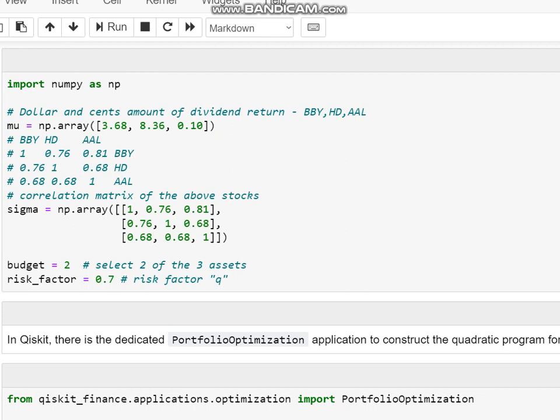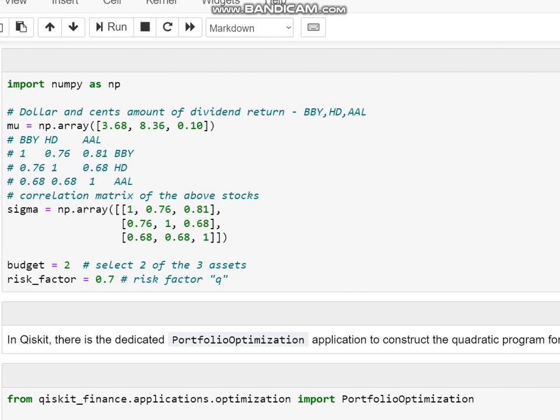So we put in the returns there: $3.68 for BBY, $8.36 dividend for Home Depot, and then we put in 10 cents for AAL, even though actually it says 0, but we're just putting 10 cents in.